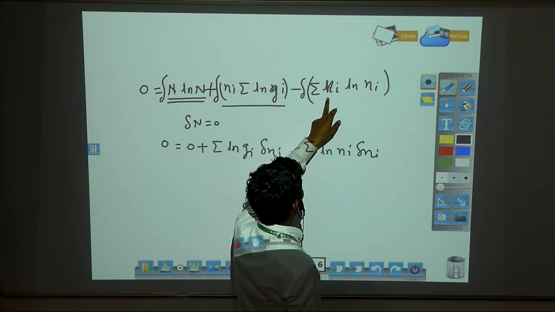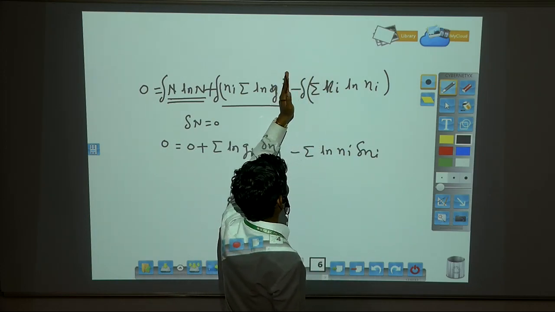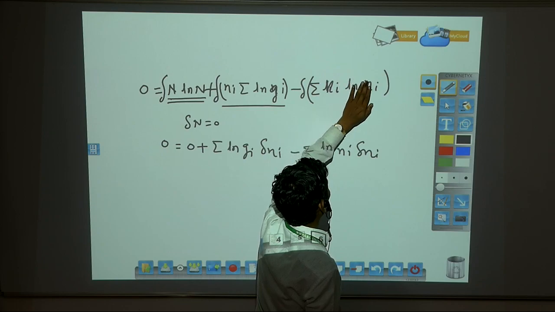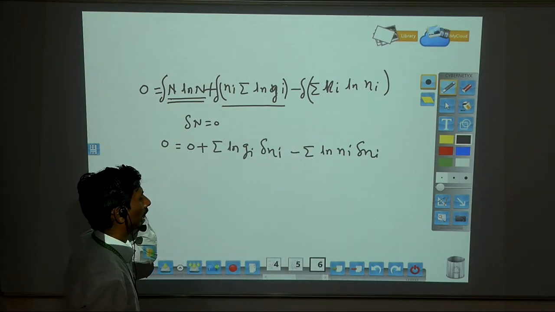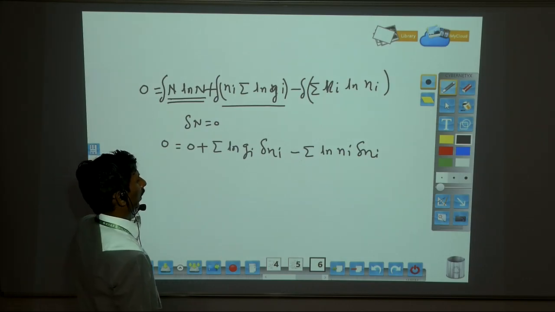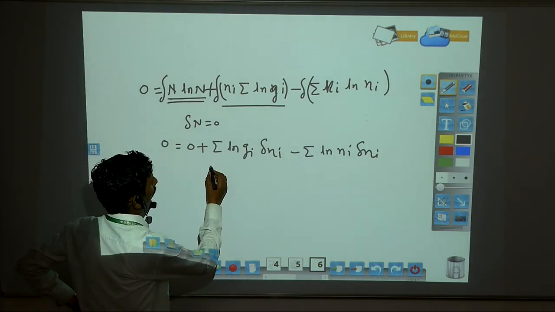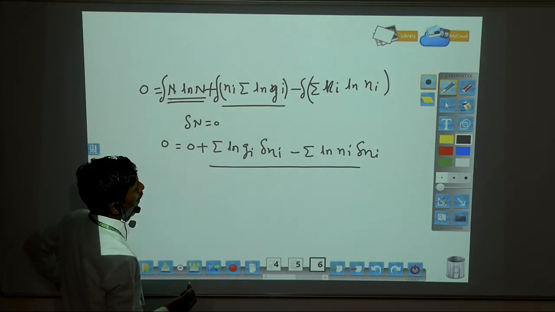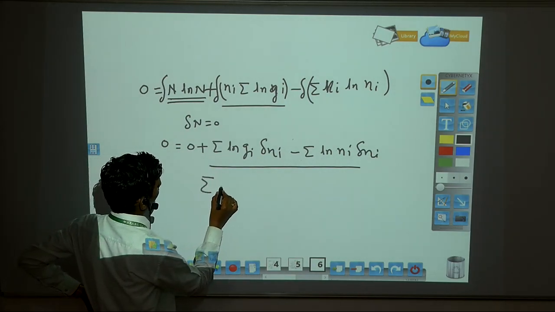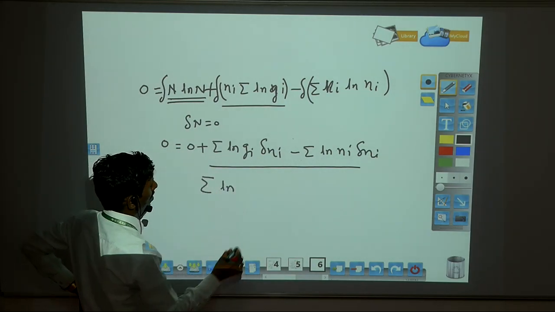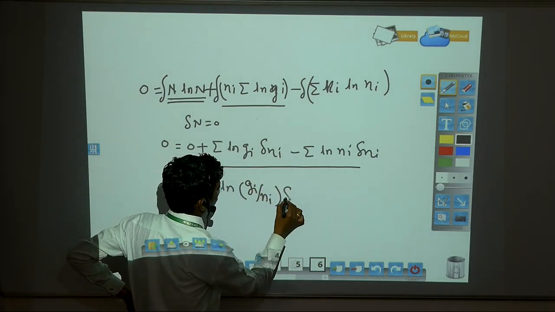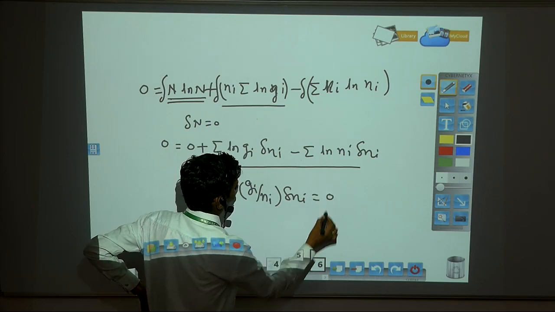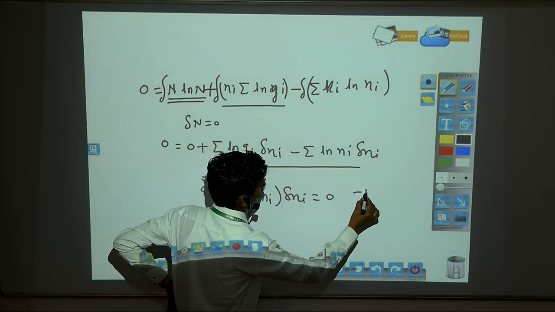And for the other term, when we consider ni constant, the derivative leads to 0, and therefore we get this minus ln ni delta ni. Now on simplification what we get? Summation of ln gi by ni delta ni is equal to 0. This is one of the terms.